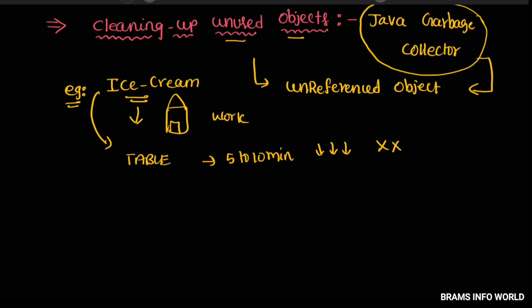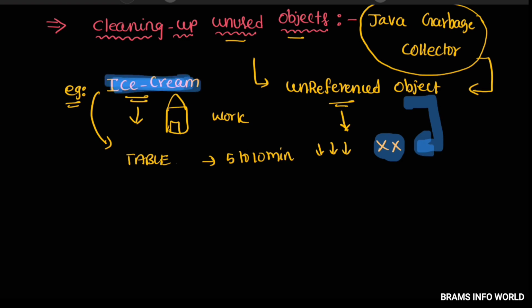So this is called an unreferenced object. You want to eat one ice cream, but due to some work you are unable to eat it and you keep it on the table. This kind of concept we can call an unreferenced object.